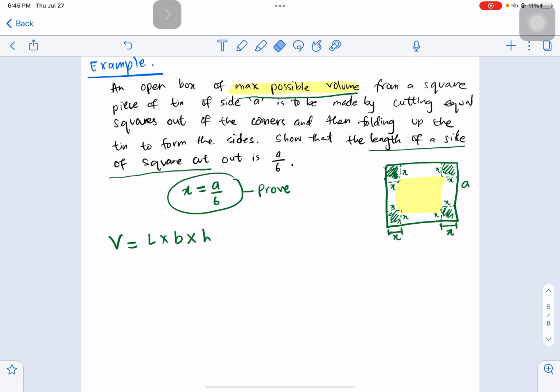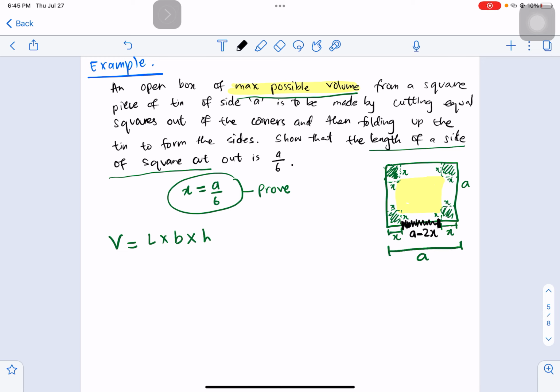The whole length from here to here is a, so the small portion that I have here would be a minus 2x, because you need to cut off these two sides, right?